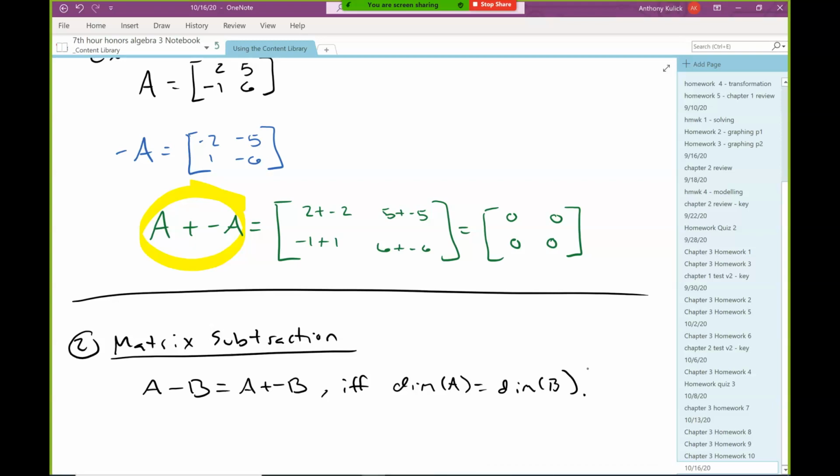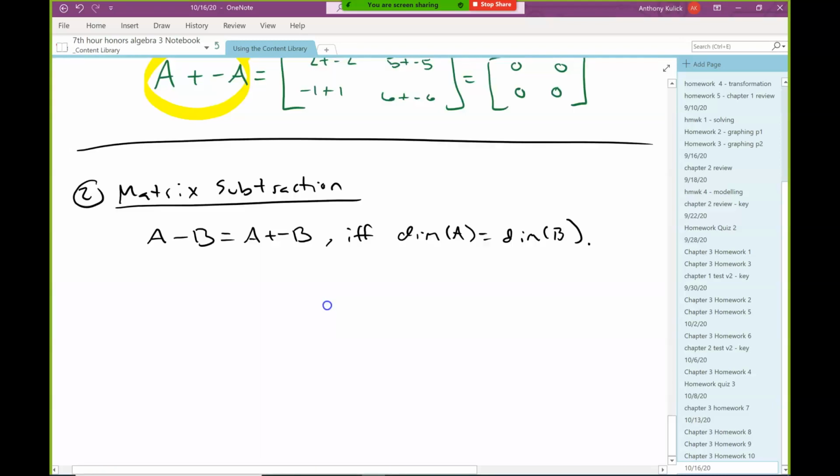So since we've established the existence of these additive inverses, we can just define subtraction the same way we did for real numbers and just say, oh, A minus B is the same thing as A plus negative B, provided that the matrices have the same dimension. Is everybody okay with that idea? Probably no example necessary for that.